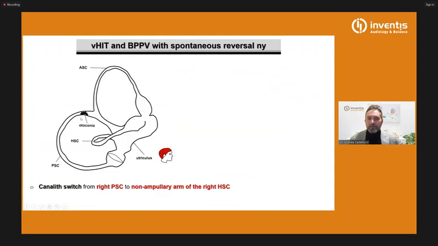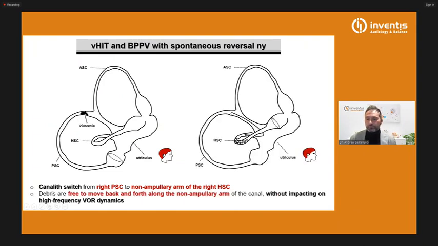So probably this clot switched from the right posterior canal to the non-ampullary arm of the right horizontal canal, leading to a geotropic horizontal canal BPPV. But in this case, there is no impact on the VOR gain of the affected canal, because now otoconia are free to float.